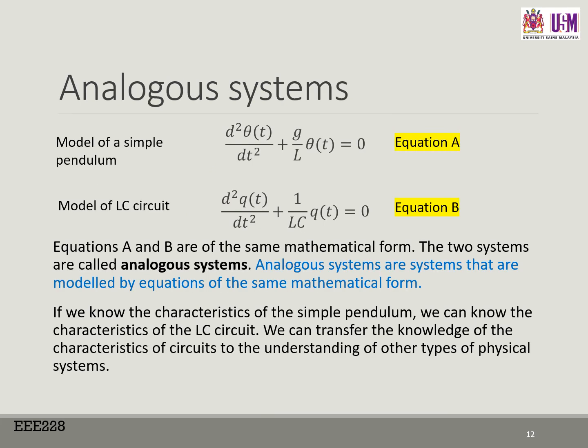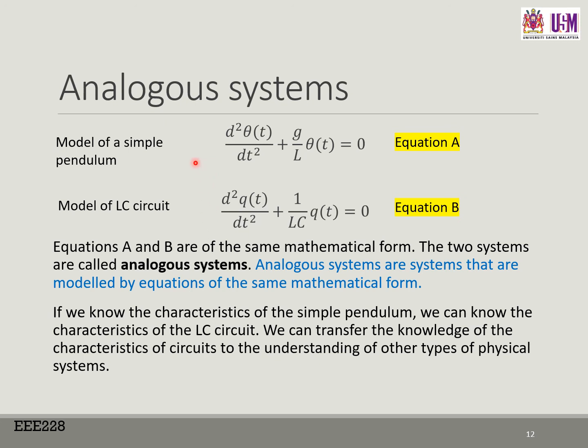I want to introduce to you analogous systems. What are analogous systems? If you look at equation A and equation B, equation A is a model of a simple pendulum, and equation B is a model of an LC circuit. These two equations are of the same mathematical form. The simple pendulum is a second order differential equation, and the LC circuit is also a second order differential equation.